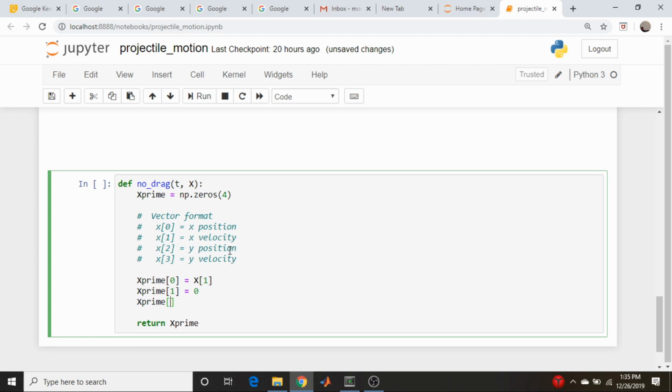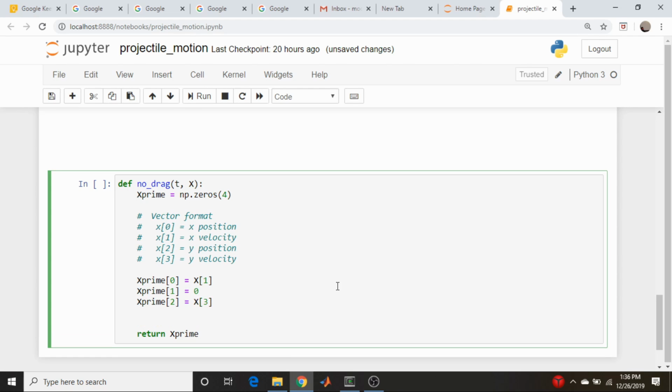X prime 2 is the derivative of the y position. So that's the velocity, x3. And x prime 3 is equal to minus mg.